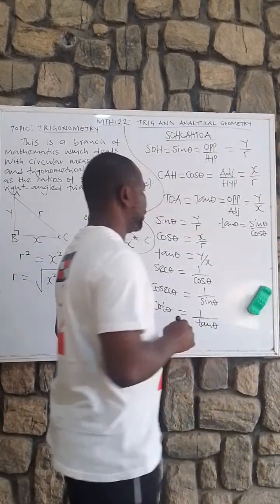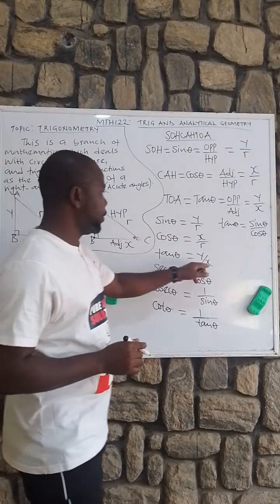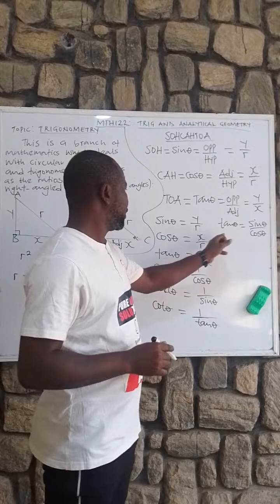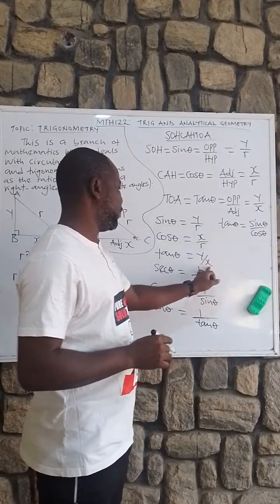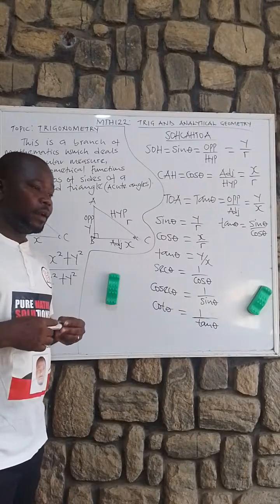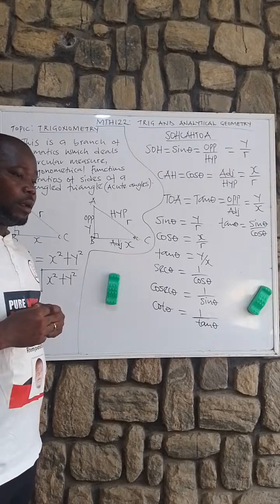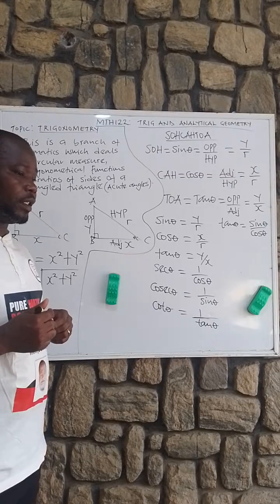Please take it. So by the time you substitute this and this and divide, you arrive at this again. Take note. So let us consider some identity.